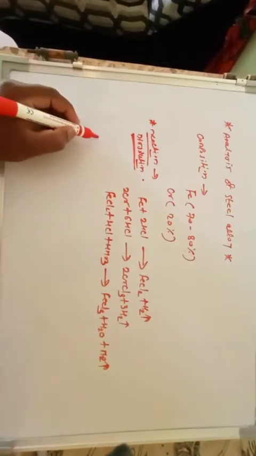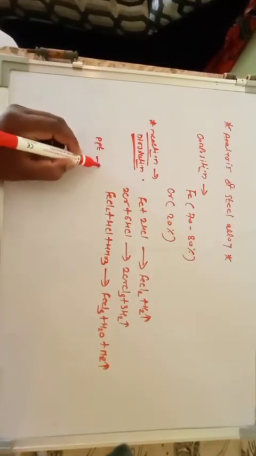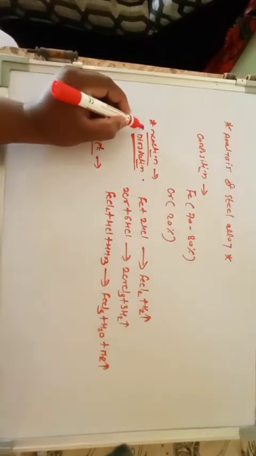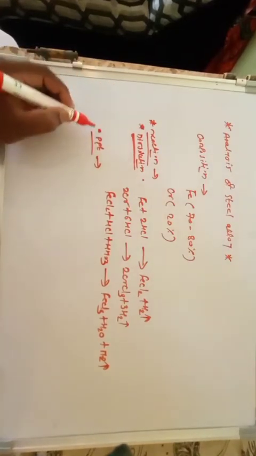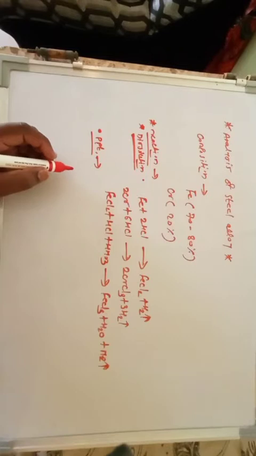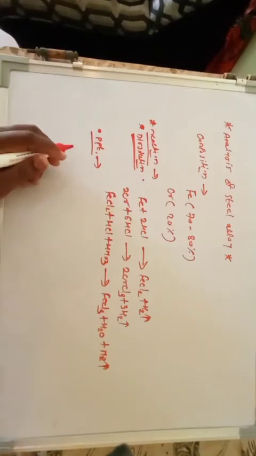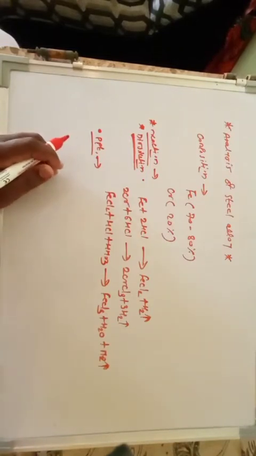After that, the precipitation reaction. Precipitation reaction means both chromium and iron chloride, which are formed after dissolution, will convert into their hydroxides with the help of ammonium hydroxide.